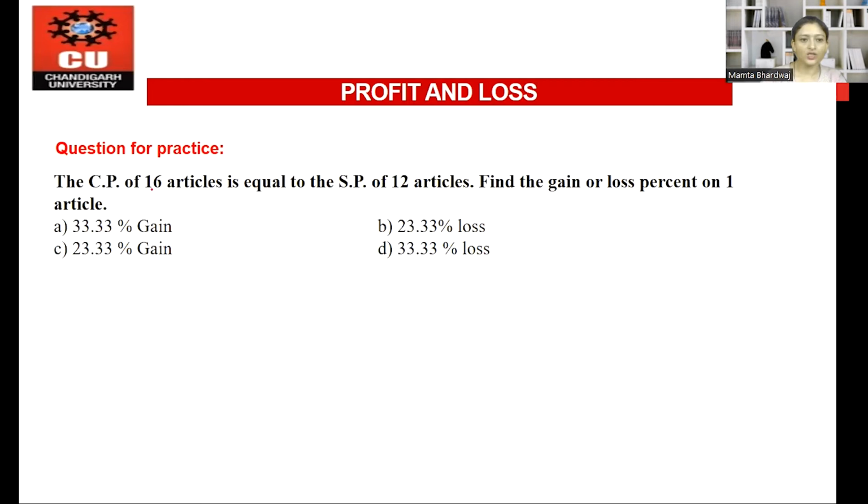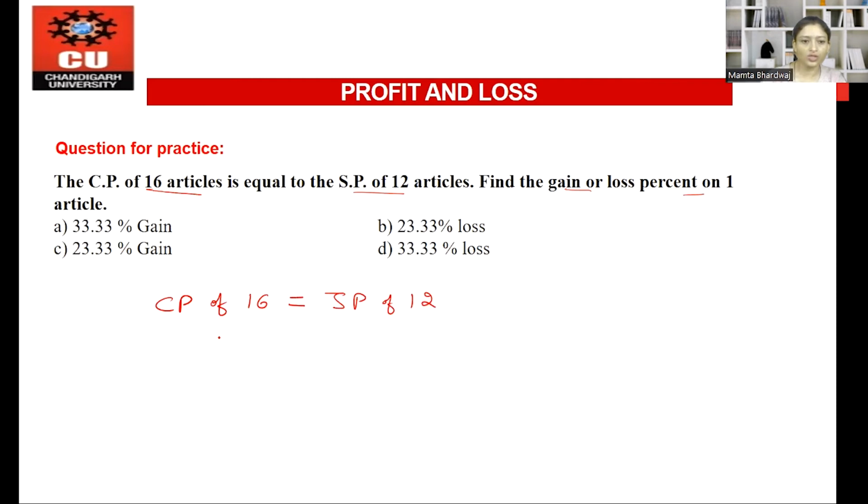The cost price of 16 articles is equal to the selling price of 12 articles. Find the gain or loss percent on one article. So the cost price of 16 articles will be equal to the selling price of 12 articles.